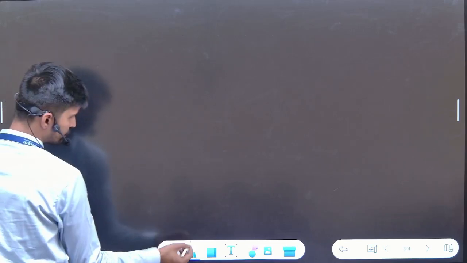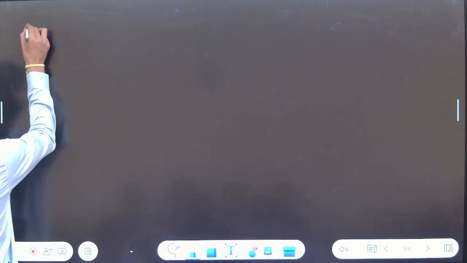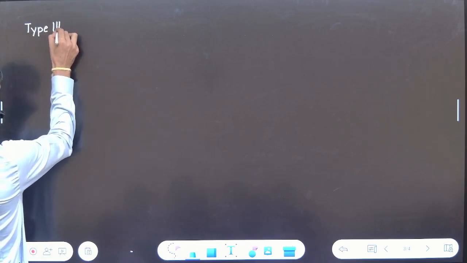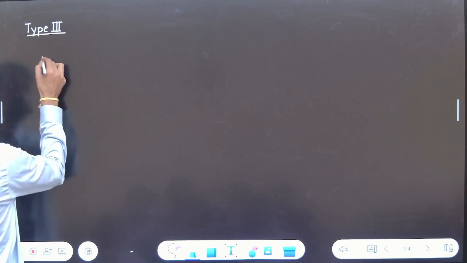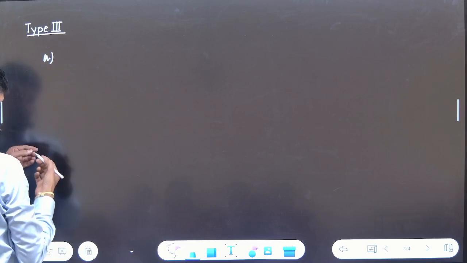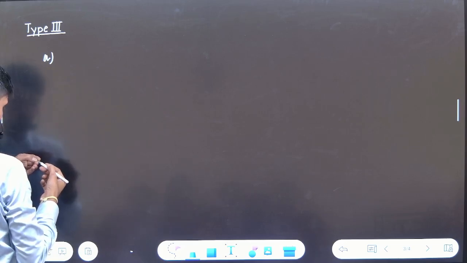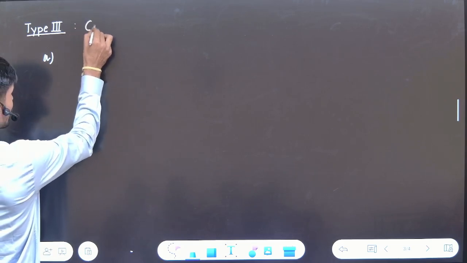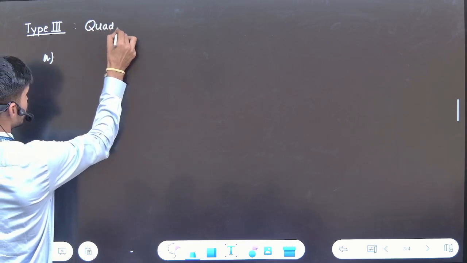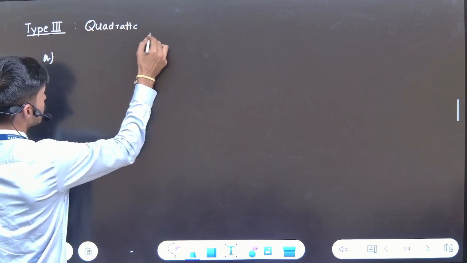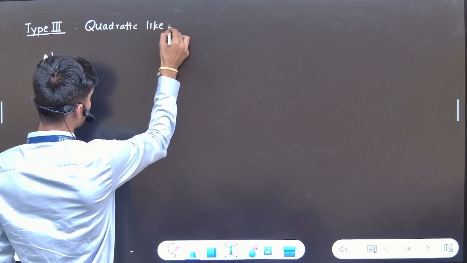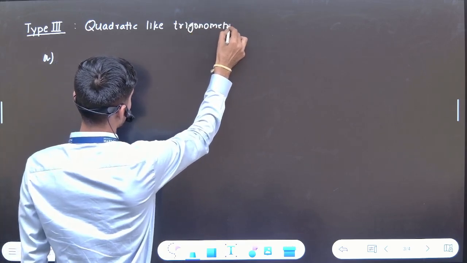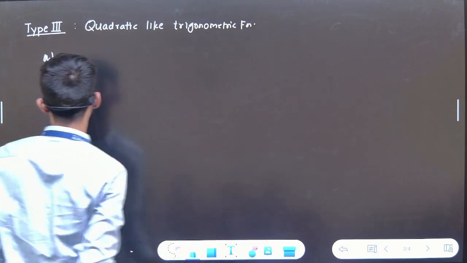Type 3. Directly we'll write: find the range of a quadratic-like trigonometric function.